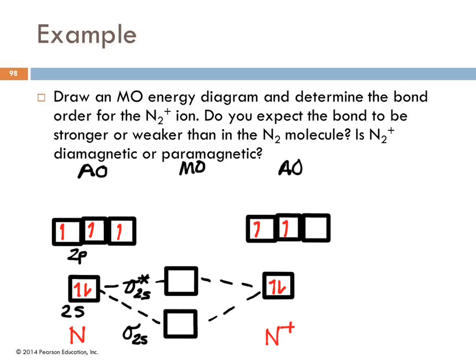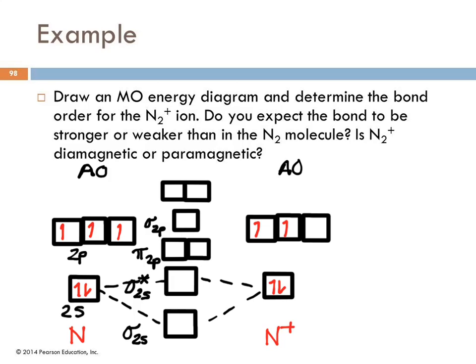So down at the bottom, we're going to have the pi 2p here, and the sigma 2p here. Those are the bonding orbitals. And then there's just not enough room. And then this is going to be the pi star 2p.